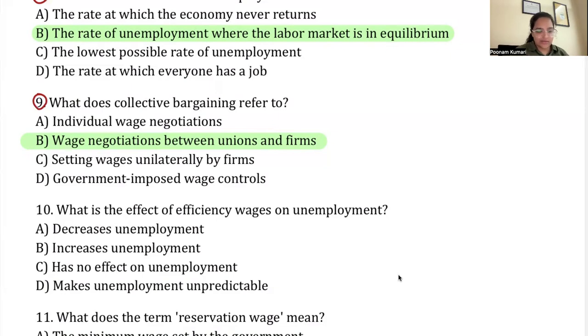Now the workers are being paid more, so unemployment would decrease. So higher real wages will lead to what? Higher employment. So in a way, decreases unemployment.